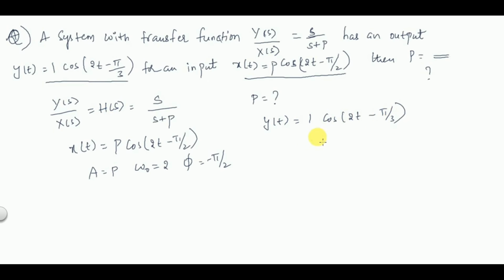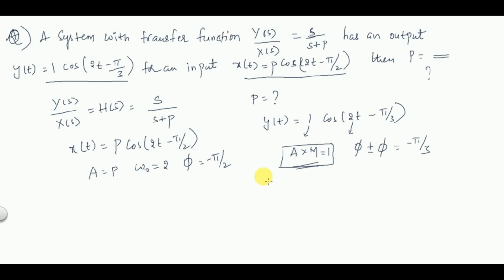That means this value is A into M, yes or no? A into M, and this is omega naught. And what is this pi by 3? It is phi, plus or minus phi is equal to minus pi by 3. So A into M is equal to 1. We'll use this and solve this question.